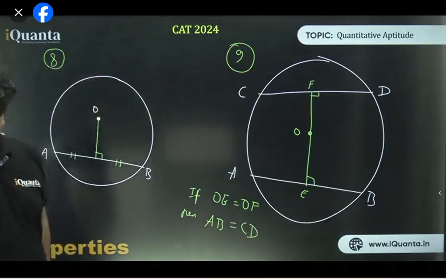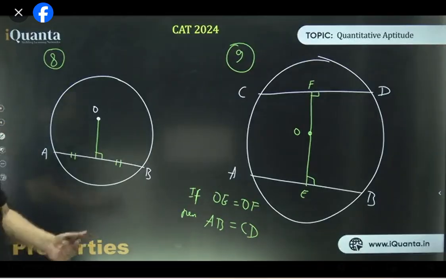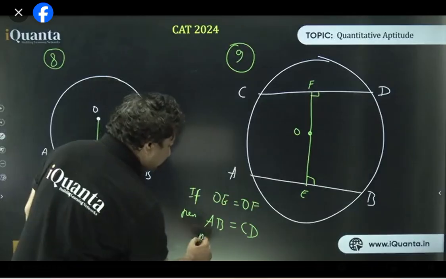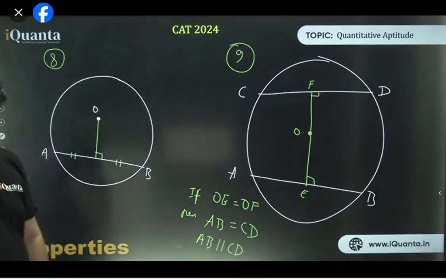Okay, and vice versa. All right. AB is parallel to CD, of course. That will also happen. AB will be parallel to CD. Perfect.